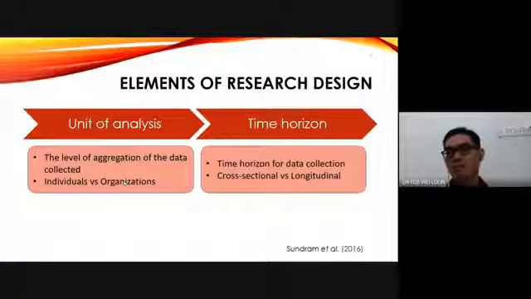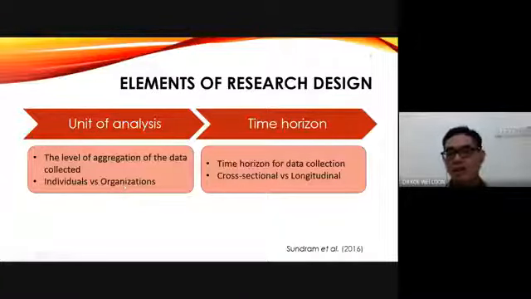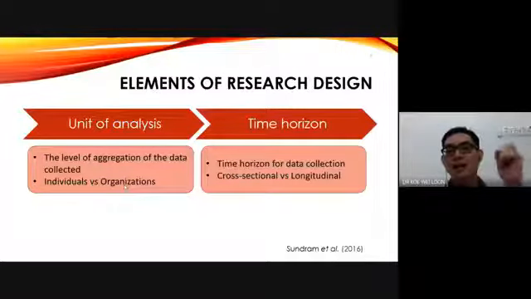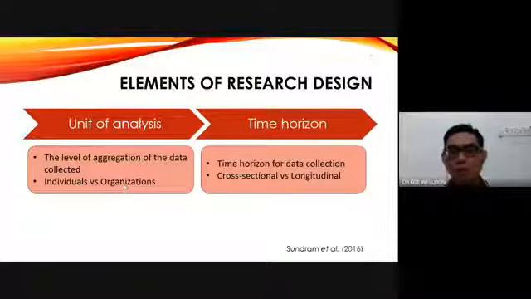Sometimes they cannot answer. So you have to make sure that if your unit of analysis is organization, you can ask the person in charge or the manager to provide the information to you. That means the manager or the person in charge will represent the organization.